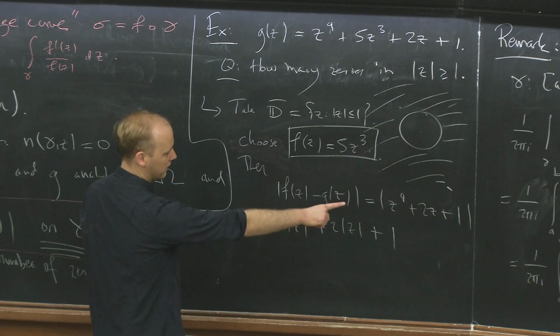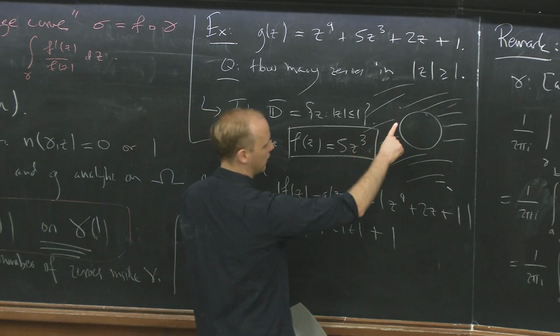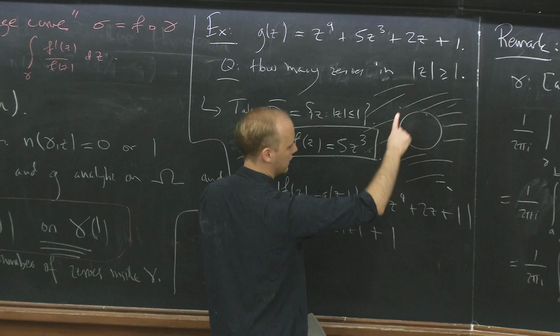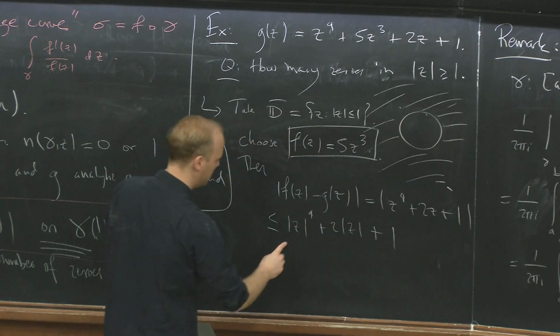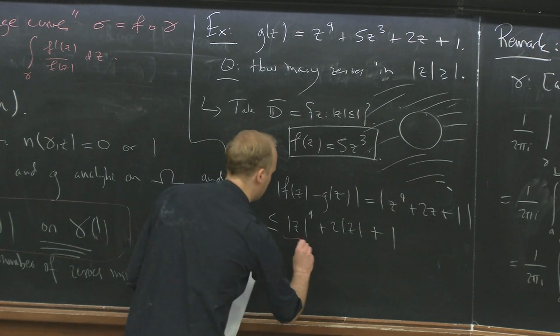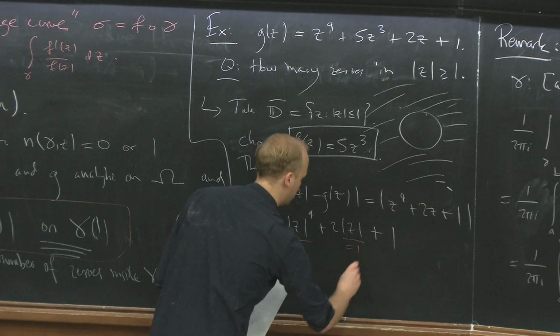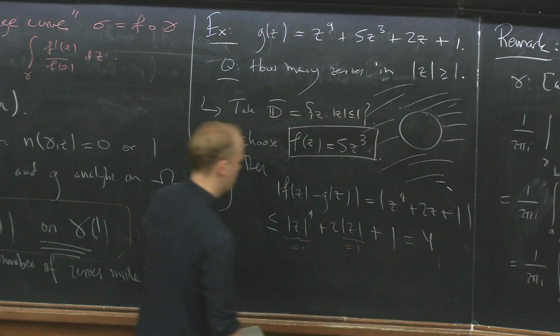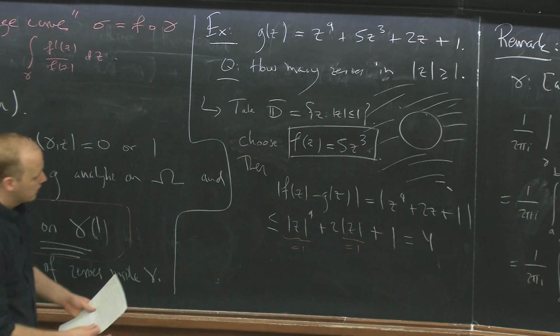But where are we considering this estimate? Well, we are considering on the unit circle, so the absolute value of z is equal to 1 here. So this thing is equal to 1 plus 2 plus 1, which is 4.